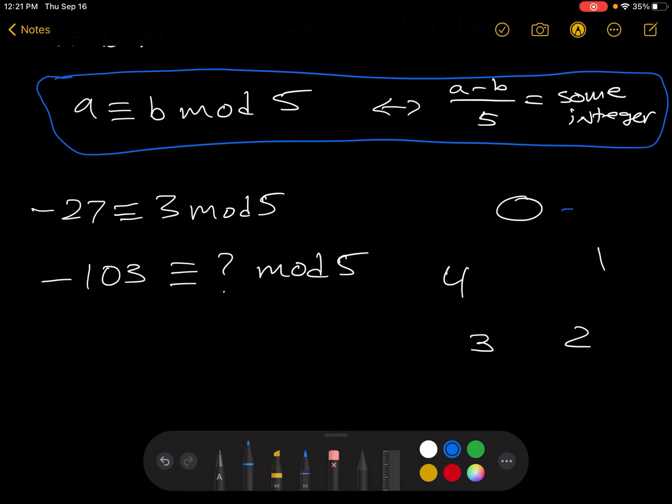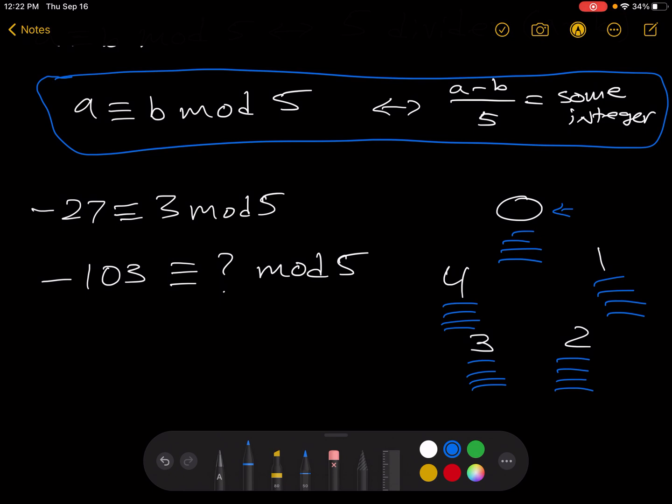Let's just start looking at this. That's 0, right? Negative 1, negative 2, negative 3, negative 4, negative 5, negative 6, negative 7, negative 8, negative 9, negative 10, negative 11, negative 12, negative 13, negative 14, negative 15. Do you see what's going on? Negative 15 is 0. Then negative 16 through negative 20, and negative 20 is 0.